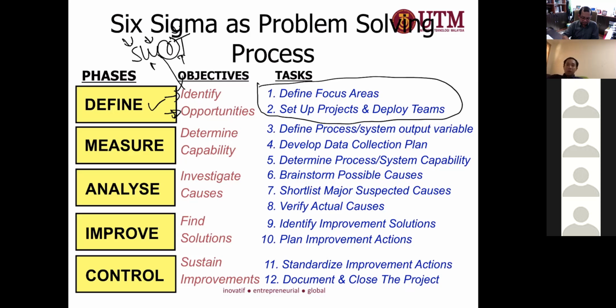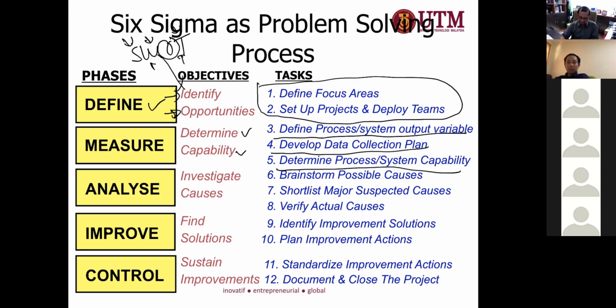Under measure, they determine their capability. So use the data that they have, maybe plot SPC. Then from there, they know their capability, that is the current state. And then they have to define what they want to improve, and then develop a data collection plan.